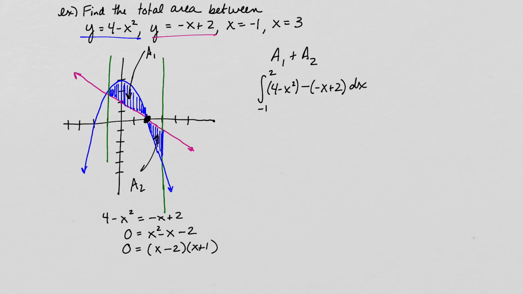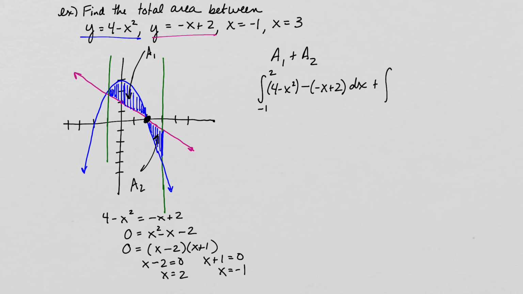So if I set them equal to each other, x minus 2 equals 0 would give me x equals 2. X plus 1 equals 0 would give me x equals minus 1. So my drawing was accurate enough that I could see it passes through at 2. But if it didn't, you could just solve those two equations equal to each other to find where it is. So I've got my first part.